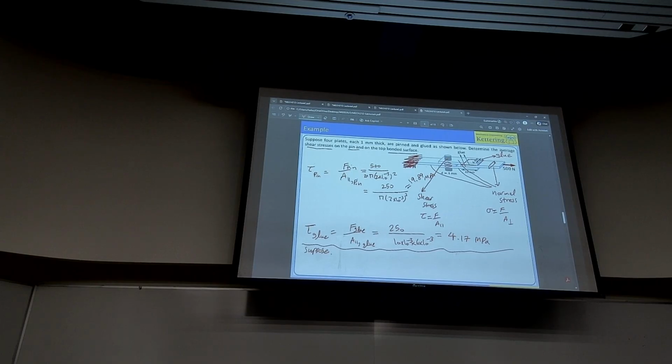Even if I give you normal strength in tension, you should not be using it. So the limit here should be tau u. Suppose tau u for pin is given as 30 megapascal. What would you say? Is the pin safe or not, and why?